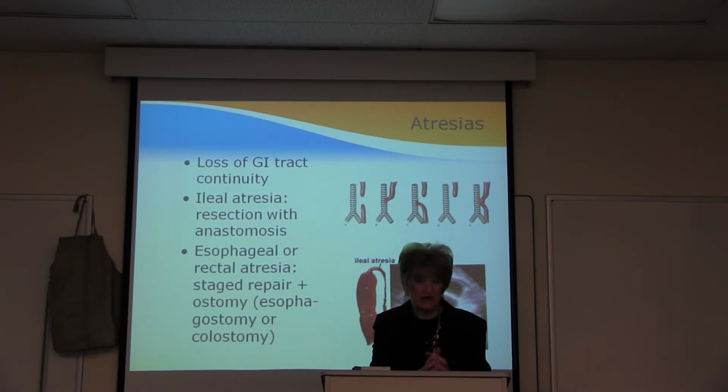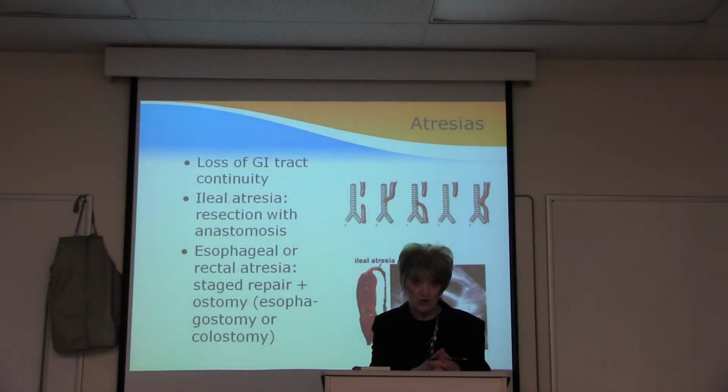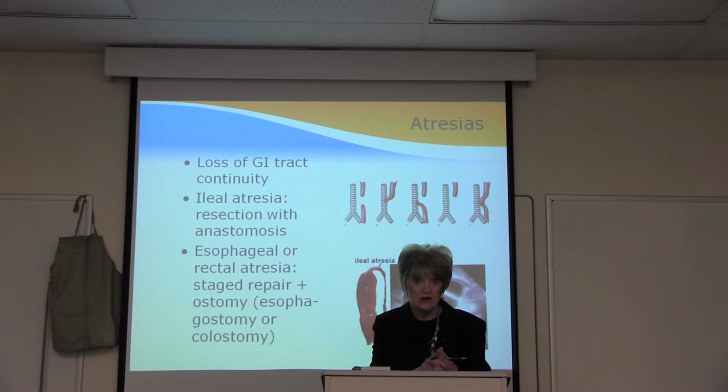So if you're consulted and you read on the chart that the infant has esophageal atresia, I want you to know what that means, that there's no continuity between proximal and distal esophagus. I want you to realize surgery will always be required, that temporarily they'll bring the proximal esophagus out to the neck.